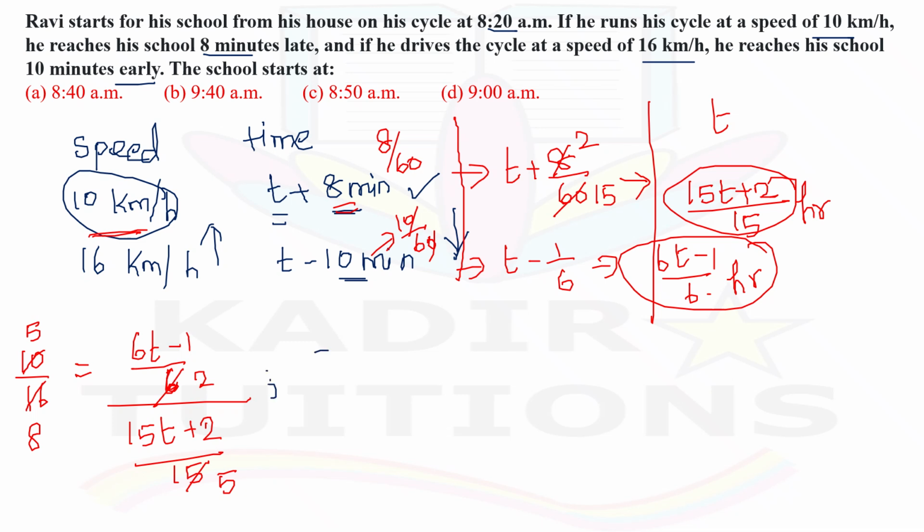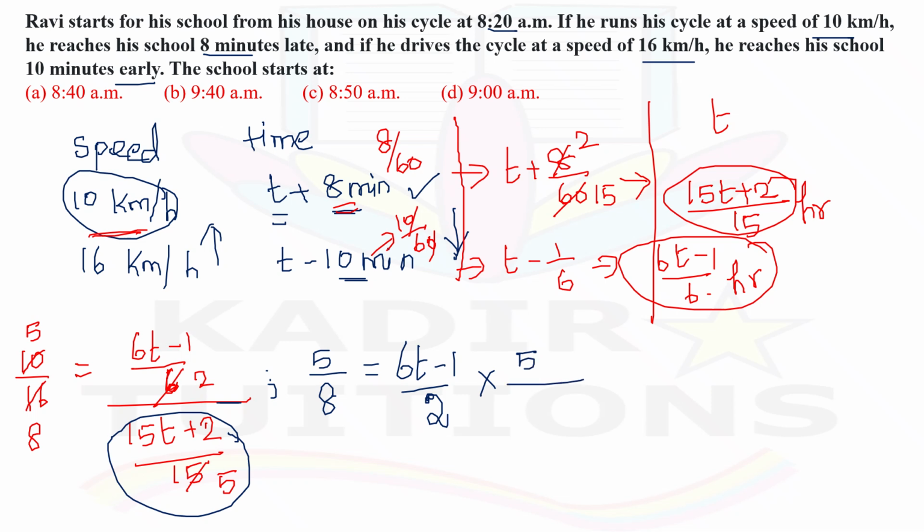Now our LHS is becoming 5 by 8, and now our RHS is 6t minus 1 by 2, and we can take a reciprocal of this denominator, that means the denominator fraction. So I'm going to change this division into multiplication by doing the reciprocal of this fraction, 5 by 15t plus 2.